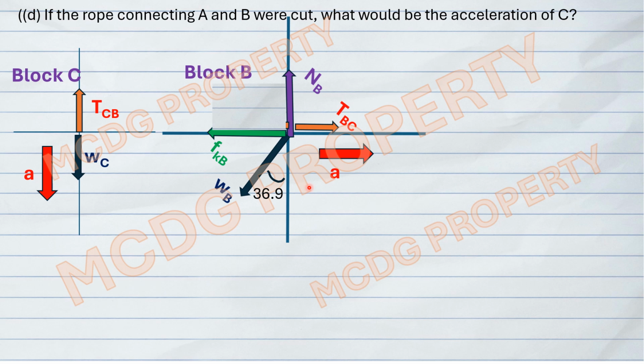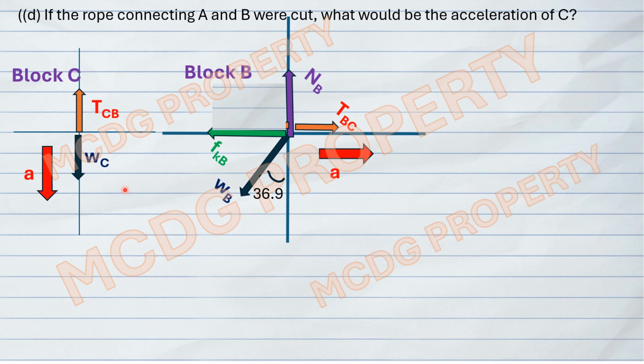So in this case, we know that block C will be accelerating downward, and since block C will be accelerating downward, then block B will be accelerating upward. So we indicate here the direction of the acceleration.